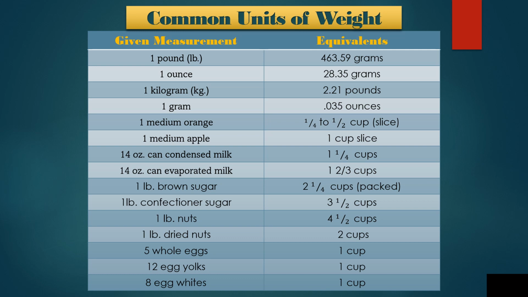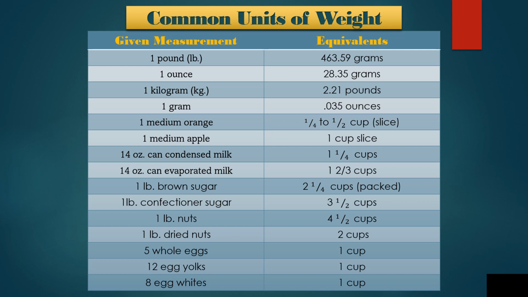And then 1 kilogram or kg is equivalent to 2.21 pounds. And then 1 gram is equivalent to 0.035 ounces. And then 1 medium orange is equivalent to 1/4 to 1/2 cup slice.